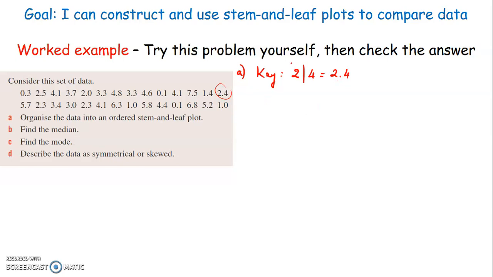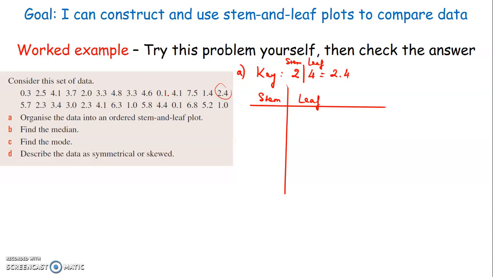So this side is the stem, and this side is the leaf. You can see here that only one digit, the last digit, makes up the leaf. So we need a column for the stem and a column for the leaf. Now, it may also be a good idea to look at the smallest number.